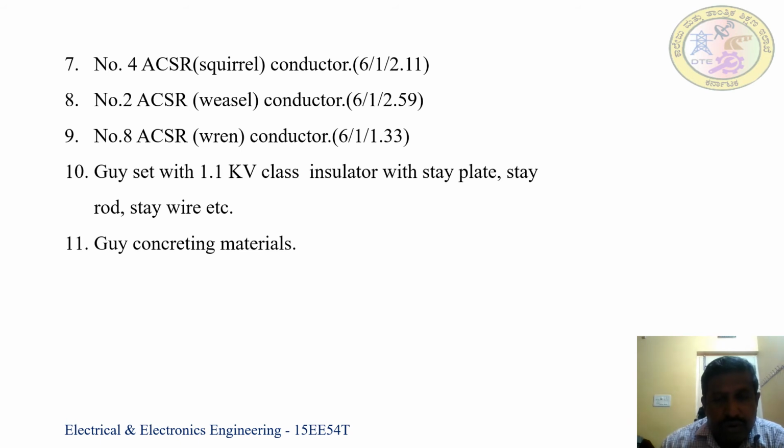So 6 numbers aluminium, 1 number steel, and the diameter of both steel and aluminium conductors is 1.33 mm. Next item is guy set with 1.1 kV class insulator with stay plate, stay tie rod, stay wire, etc. Next item is guy concreting materials.